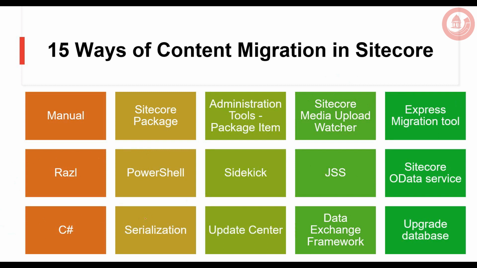Connectors are available on this. And upgrade the database, where you take the master or core database of Sitecore. You have to run the scripts provided by Sitecore, and in that case you can upgrade the Sitecore databases. So these are the final 15 ways of content migration in Sitecore.